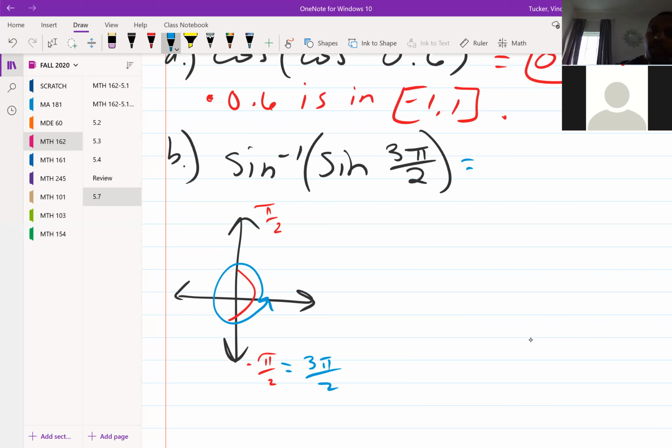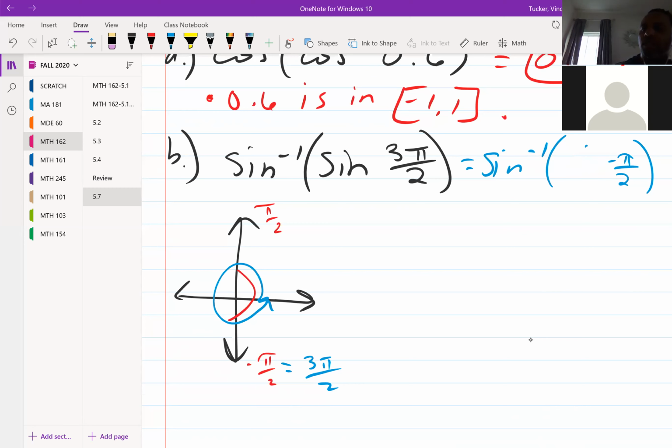So we're actually looking at sine inverse of sine of 3 pi over 2.